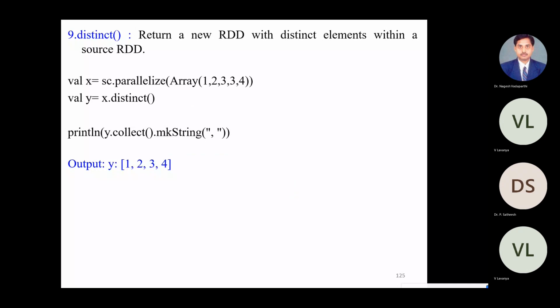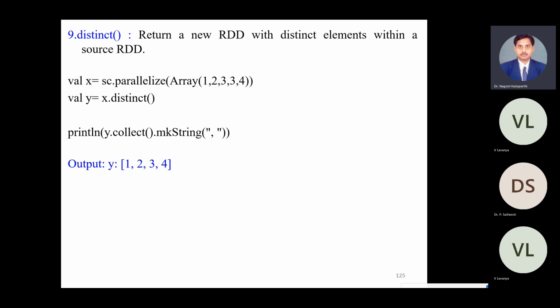Next, distinct. What is meant by distinct transformation? Distinct transformation means it gives distinct values. Like for x input, I'm taking sc.parallelize of an array.